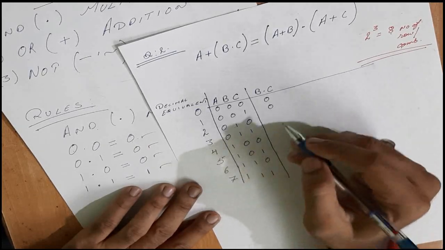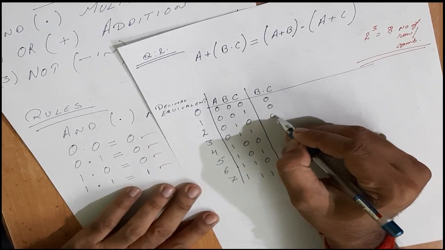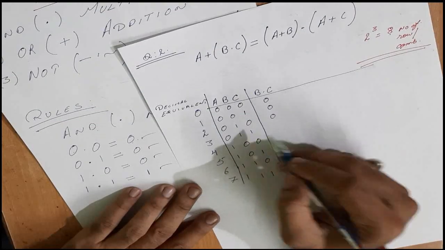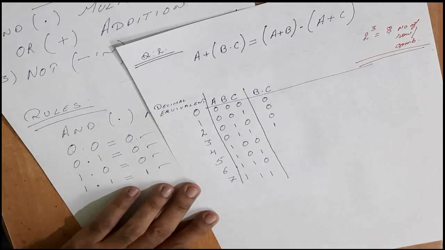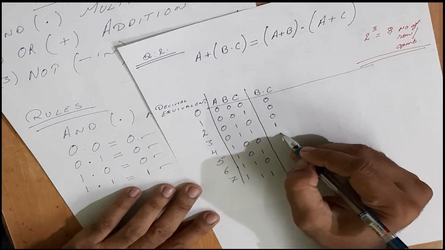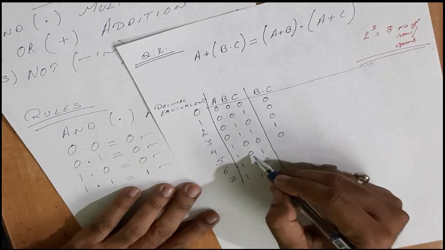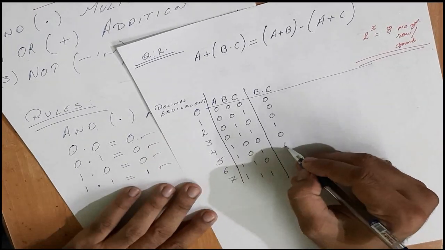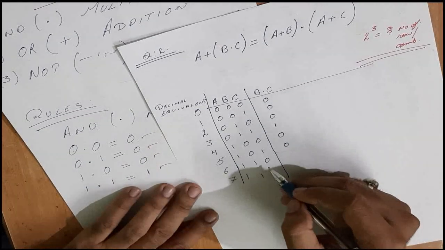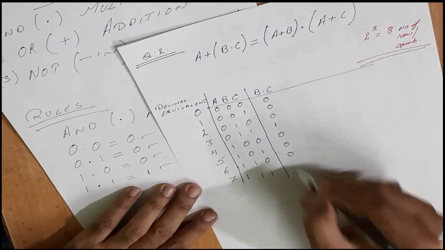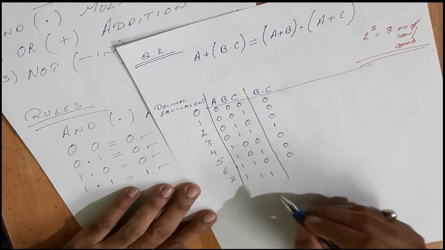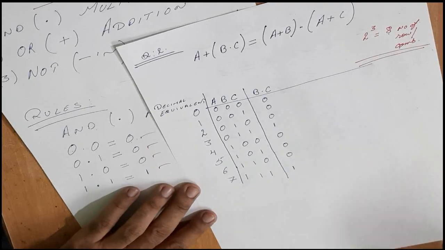Again 1 multiplied by 0, the result is 0. 1 multiplied by 1, the answer will be 1. Then 0 multiplied by 0 is 0, 0 multiplied by 1 is 0, 1 multiplied by 0 is 0, and 1 multiplied by 1 is 1.